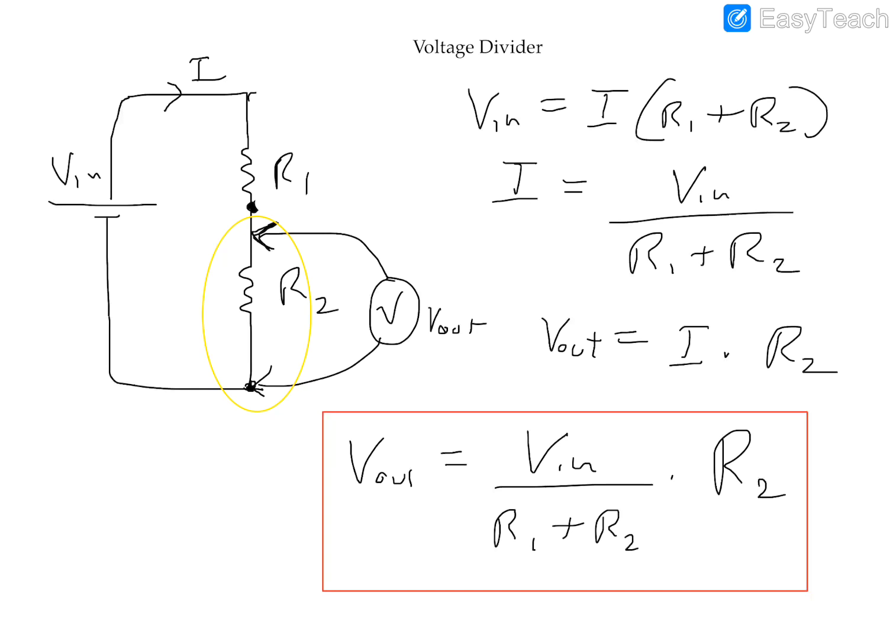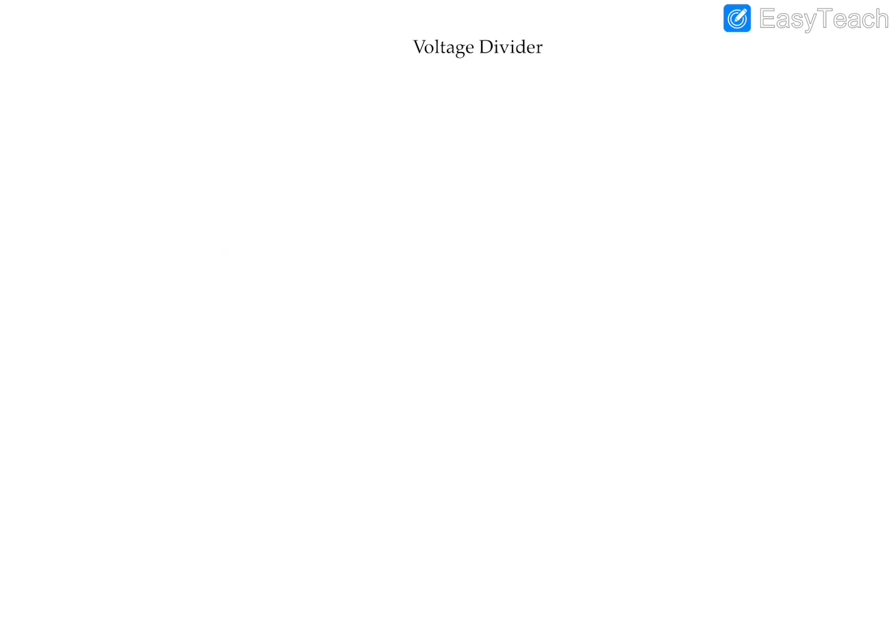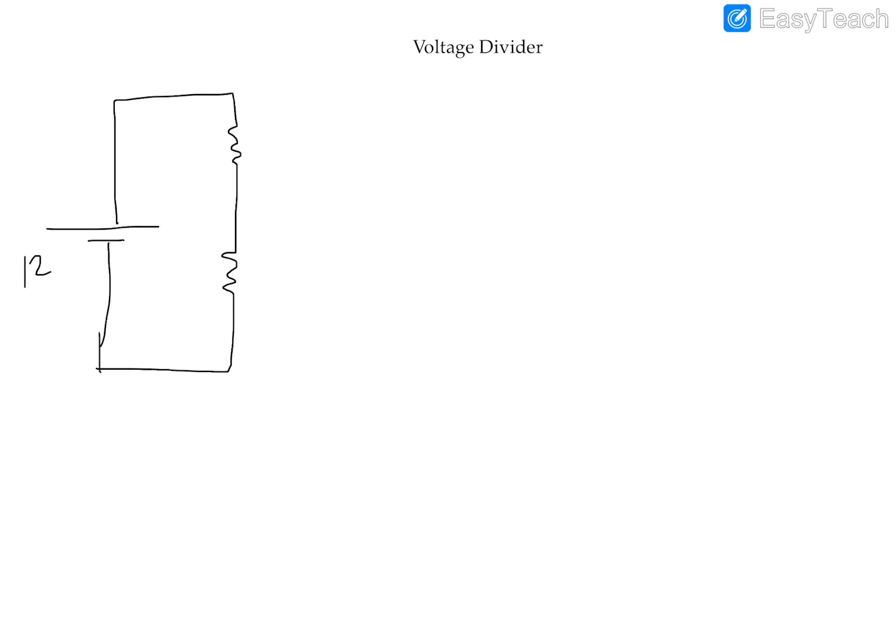So in our situation, we have a supply of 12 volts, and we're going to design the circuit so that we get 9 volts here. So I'm going to erase this. I have a 12 volt supply connected to two resistors in series, R1 and R2, so that I get 9 volts here.